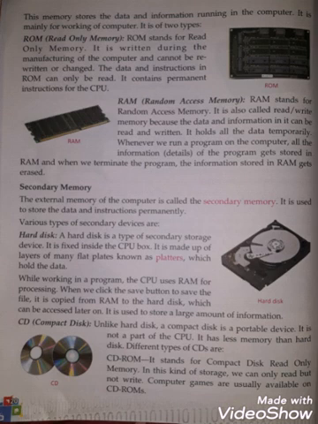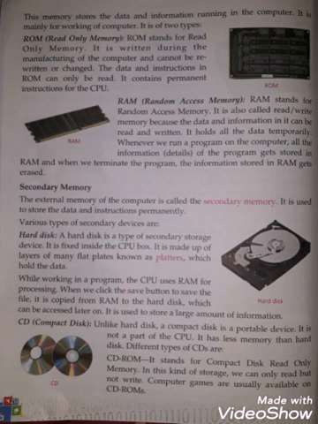So let's begin with ROM first. ROM stands for read-only memory. It is written during the manufacturing of the computer and can't be rewritten or changed. The data and instructions in ROM can only be read. It contains permanent instructions for the CPU. So beta, as I already said, this ROM is the first example of primary memory.